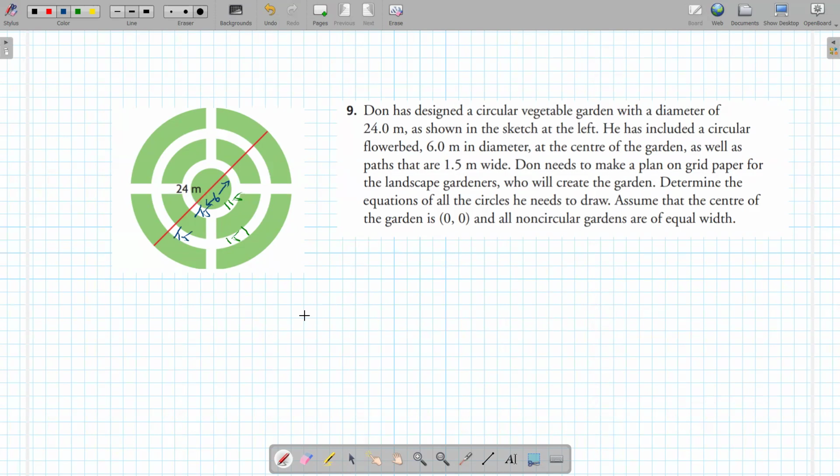All right. Let's start one by one. Let's start from the central circle. This thing, the diameter is 6, and we know it goes through the center of the circle. This is the origin point, 0, 0. What would be the equation of this circle?